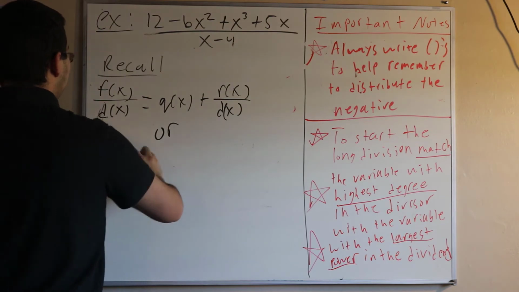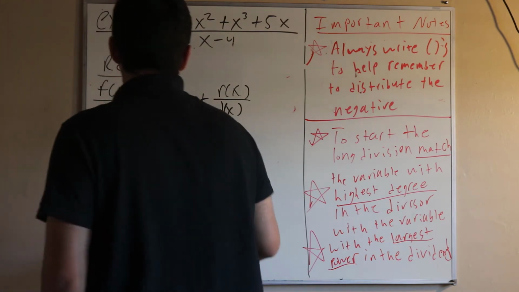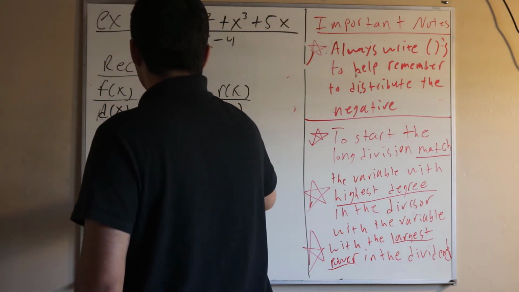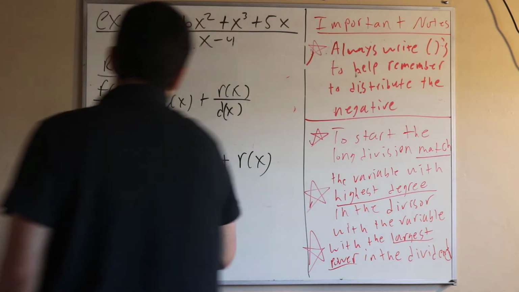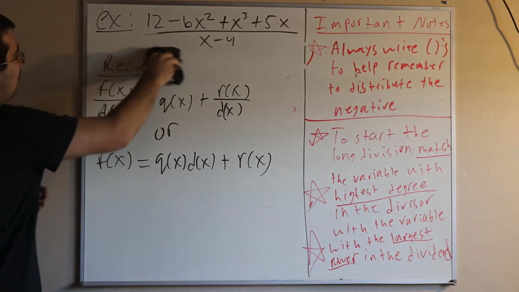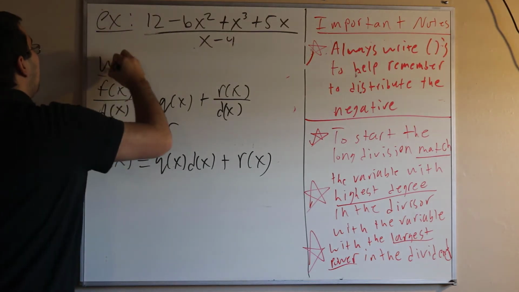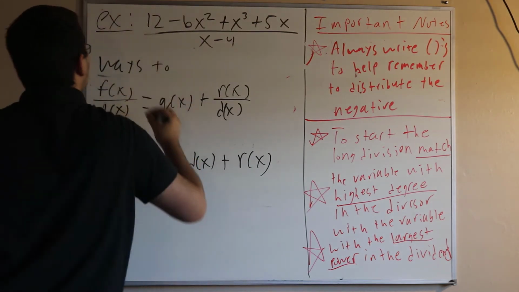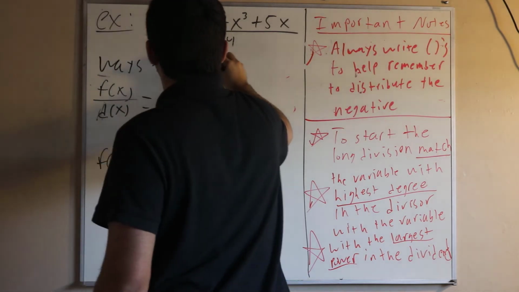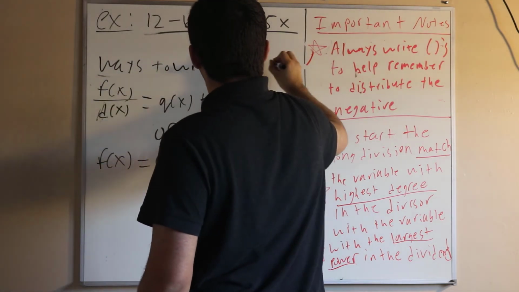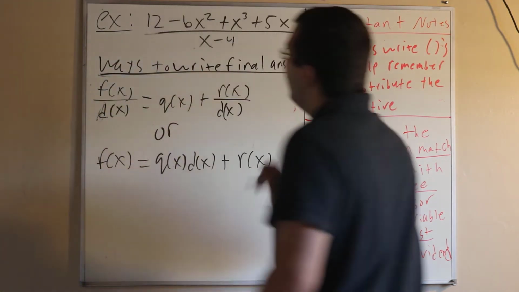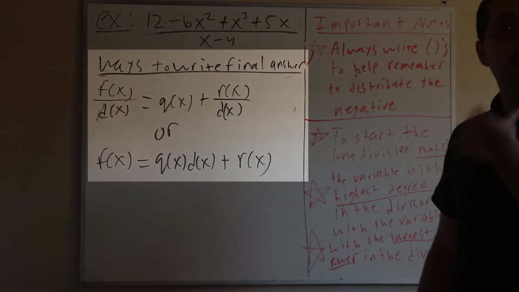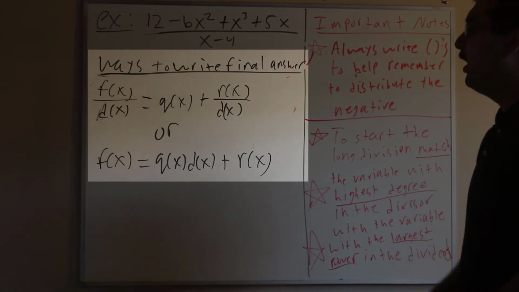f of x equals q of x times d of x plus r of x. Okay, and actually let's not call this recall, let's call this ways to write final answer. So there's two ways we can write our final answer when it comes to long division, at least formally.